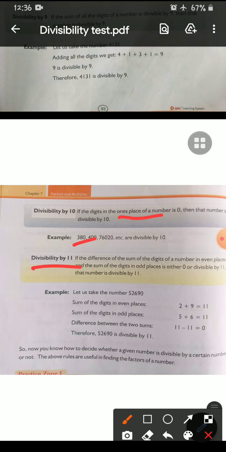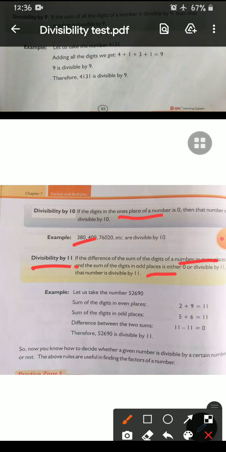In the divisibility by 11, if the difference of the sum of the digits of a number in even places and the sum of digits in odd places is either 0 or divisible by 11, then the number is divisible by 11. You have to add the digits which are at your even places and the digits which are at your odd places.